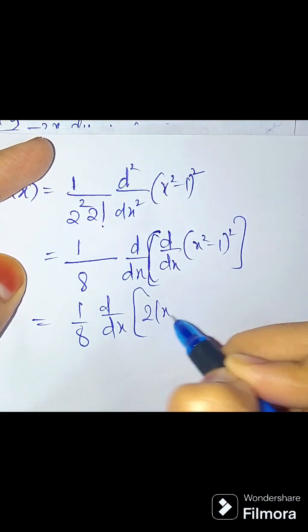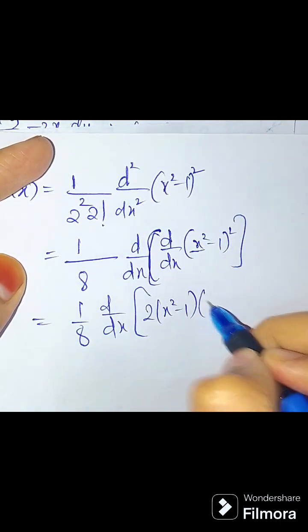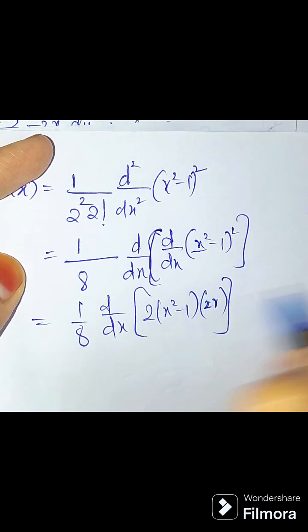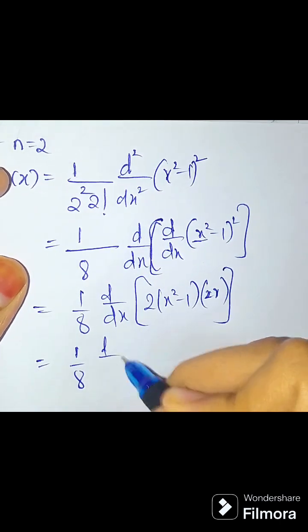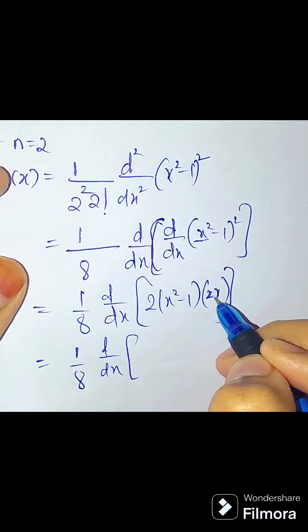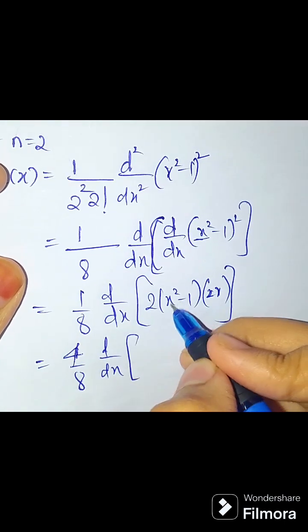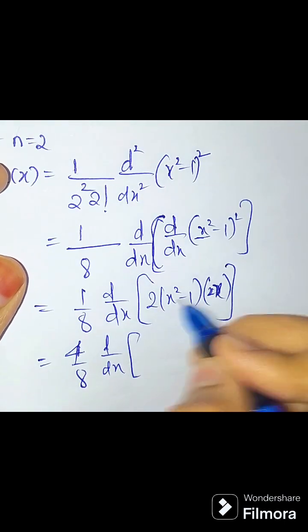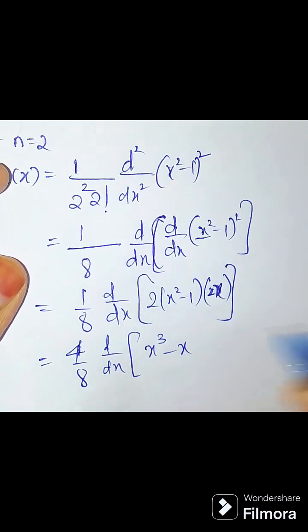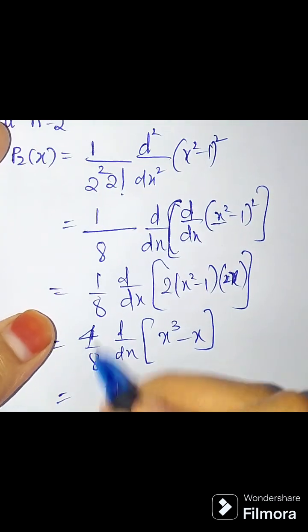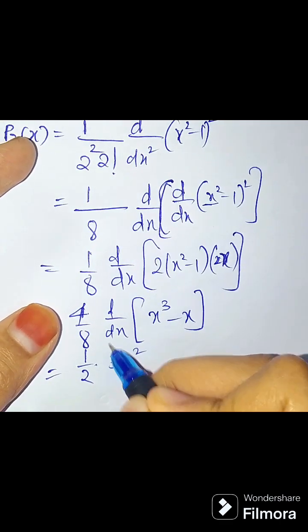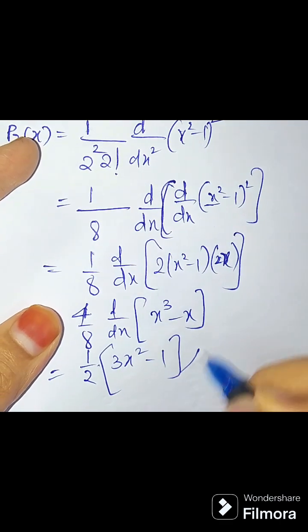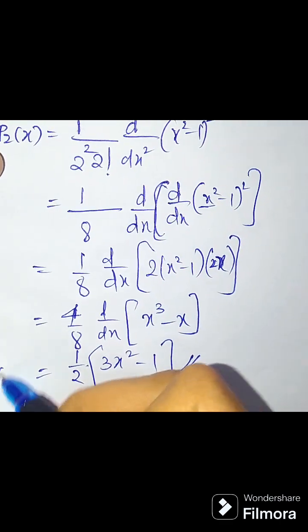Inner derivative is 2x. I don't want to apply UV, so I'll do like this. First only I'll multiply. 2 common outside, take 4. So x square minus 1 into x is there. So I'll multiply, x cube minus x I'll get. Now it is easy to differentiate. This will be 1 by 2. So x cube derivative is 3x square. This derivative is 1. So this is your answer. P2 of x is 1 by 2 times 3x square minus 1.